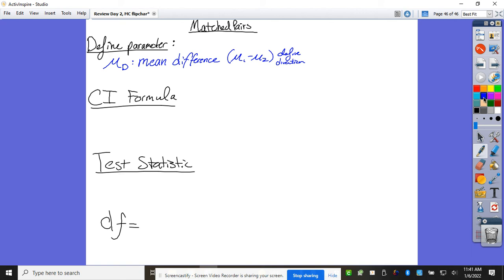Alright, so my confidence interval equation, we just said it ends up being a one sample mean. So this should be really easy. What goes before your plus minus? What went before plus minus last time I did one sample for means? But more specific, this is x bar D. Choice between z or t ends up being what?